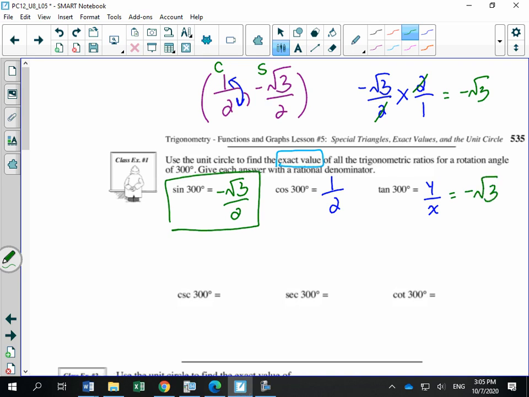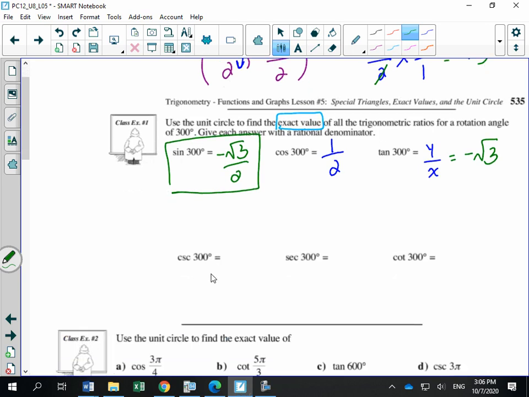Okay, the cosecant of 300 degrees. So cosecant is the reciprocal of sine. If sine of 300 is this exact value here, the cosecant is going to be the reciprocal of that. So the cosecant will simply be 2 over root 3.